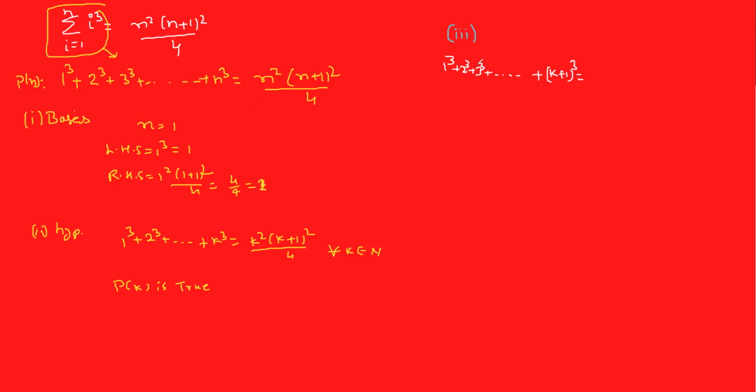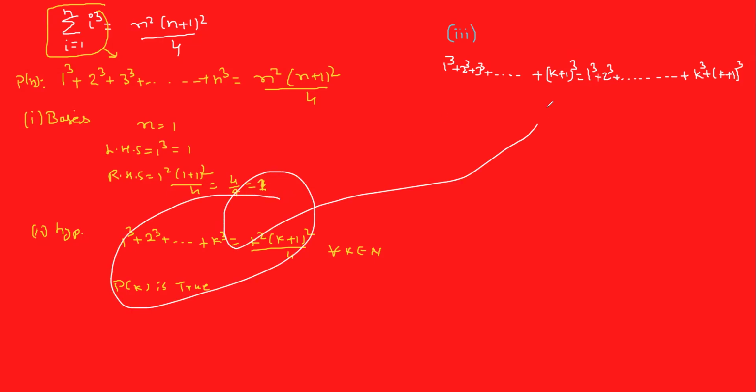Third step is important. In third step, always put n is equal to k plus 1. And what comes before k plus 1? k cube, right? And always remember, second step will be used always in third step.